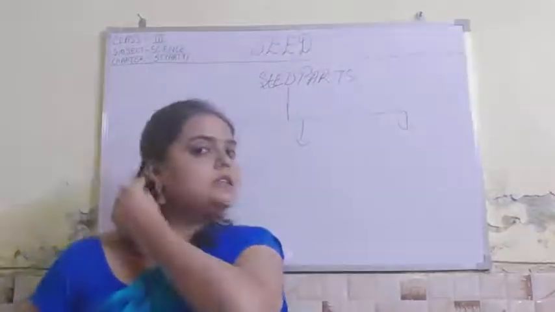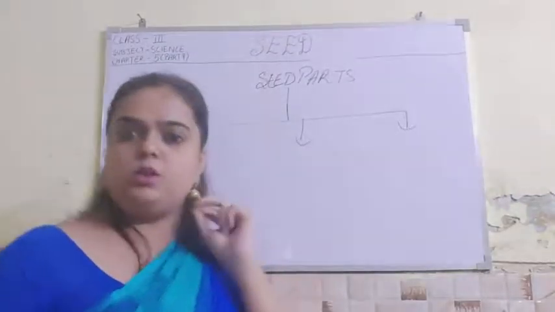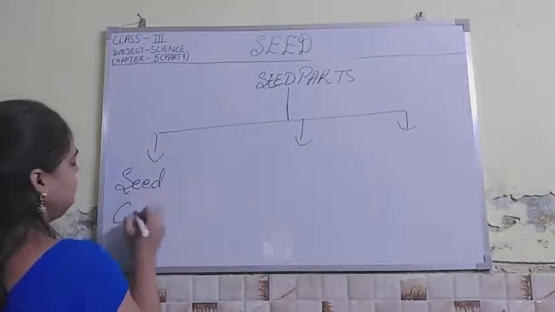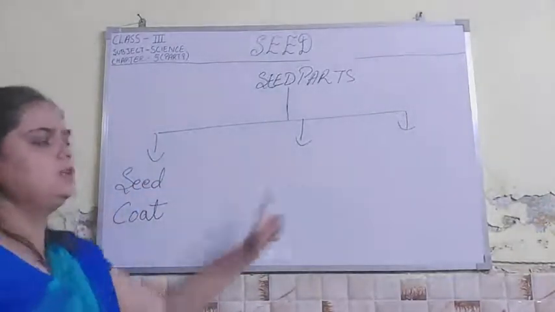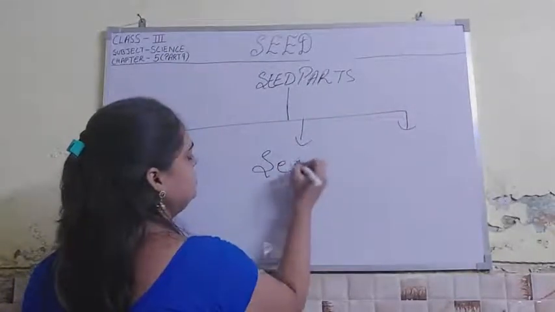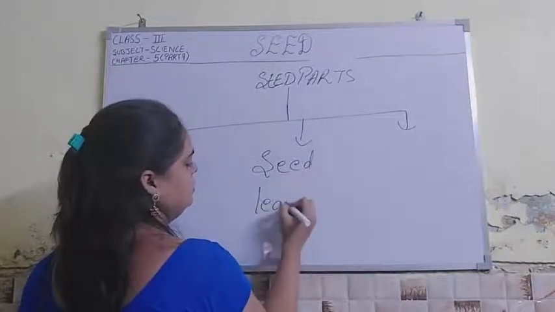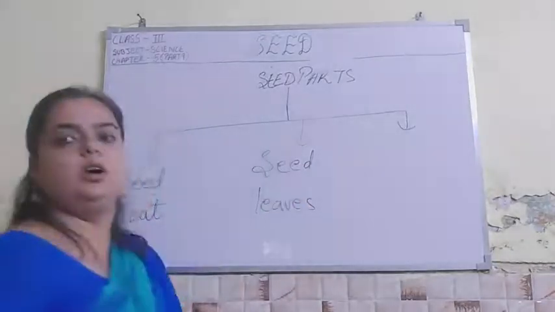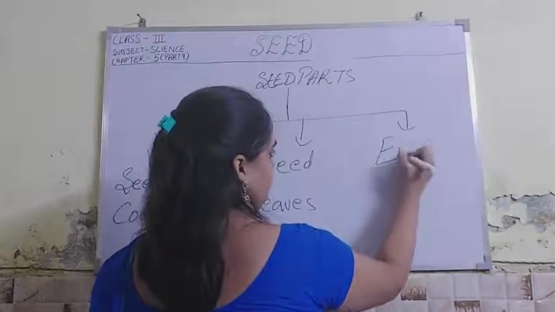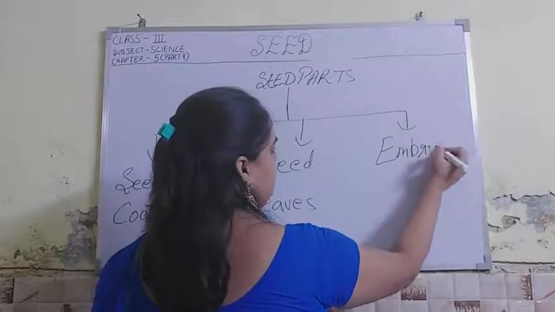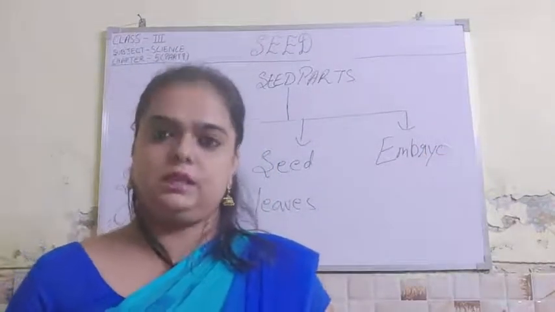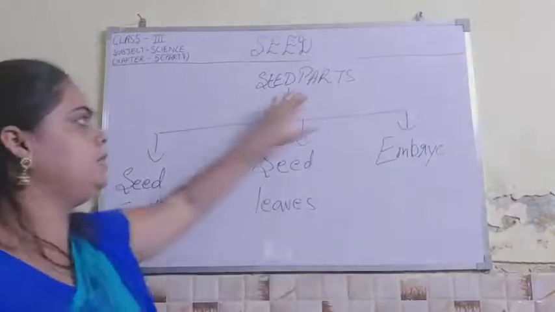The first part is the seed coat. The second part is the seed leaves, and the third part is the embryo. These are the three parts of a seed.